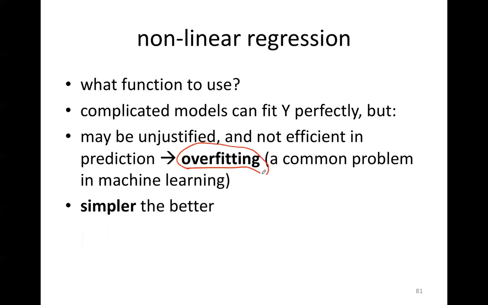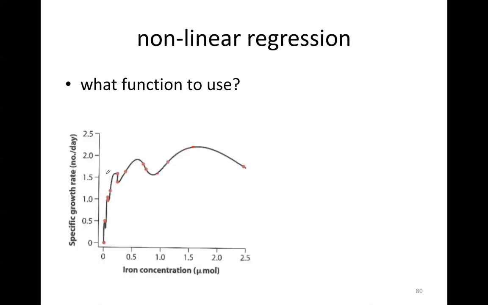That's a common problem in machine learning, having too complicated models given too limited data. So the predictions with such models will also not be very helpful. In general, the simpler the model, the fewer parameters we use to describe the data, the better.